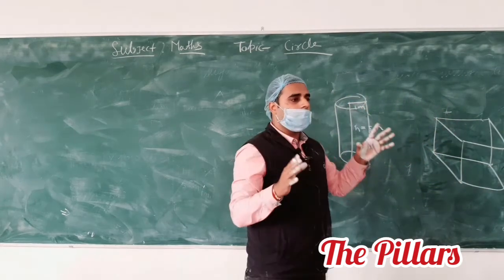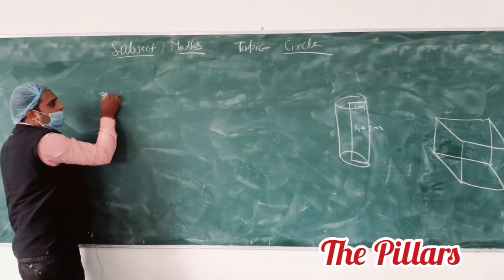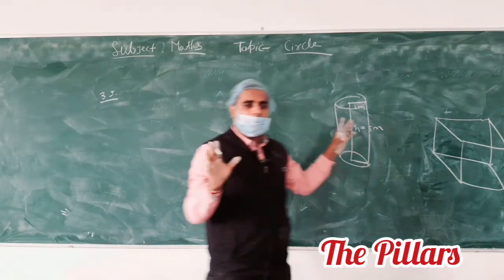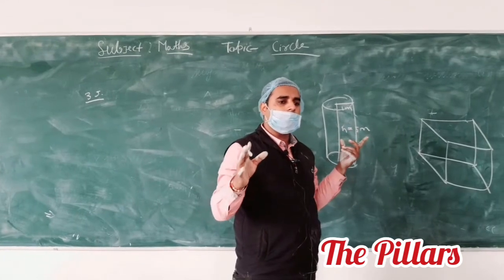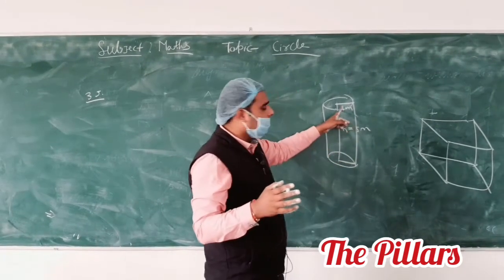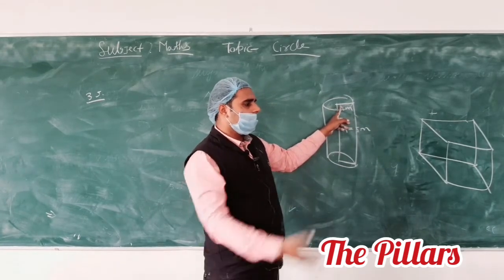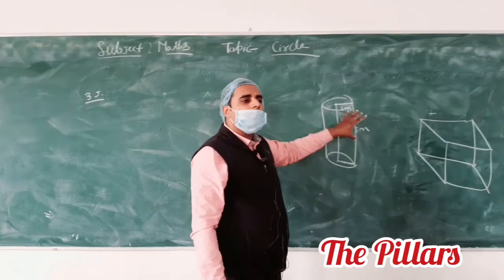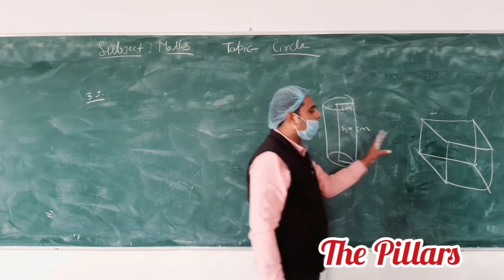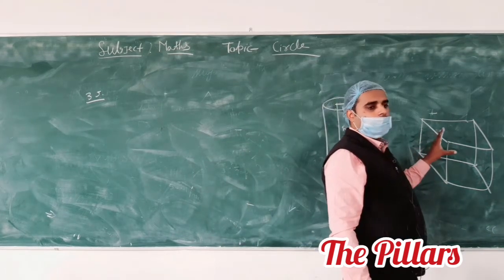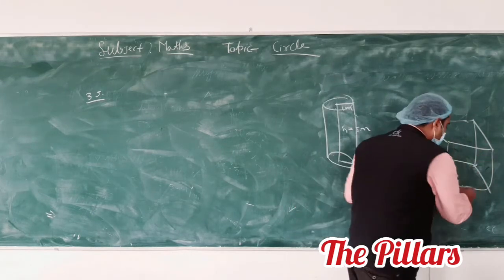Suppose in a hospital we recycle the water, and this water we collect in a cylinder whose radius is given as 1 meter and height the same. Suppose this cylinder is completely filled by the same water. We want to irrigate a lawn. It means this whole water we have to pour onto the lawn, whose length is given.